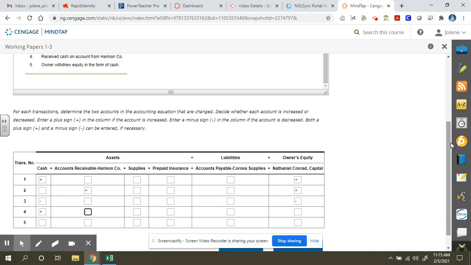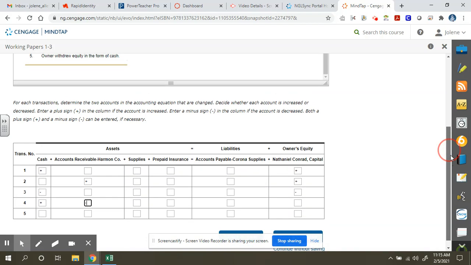Number 5, in this case Nathaniel Conrad, owner withdrew equity in the form of cash. It tells you withdrew equity. What does it mean to withdraw? It means to take it out.